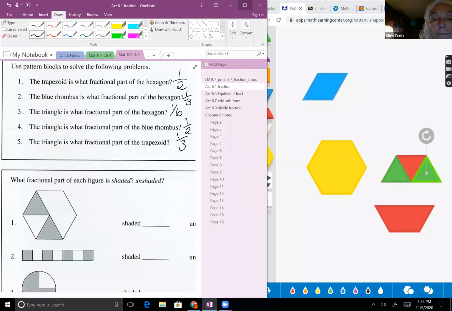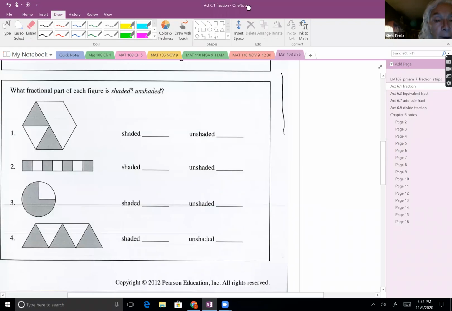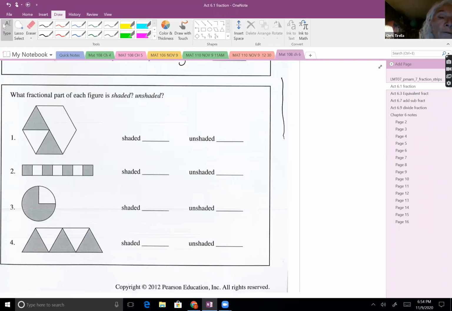Now, the next part of the activity asks you what fraction of each figure is shaded and unshaded. So why doesn't everybody take a couple of minutes to look at that?